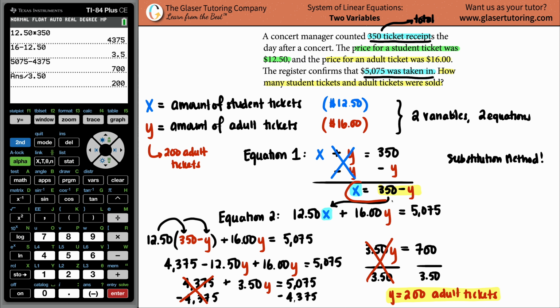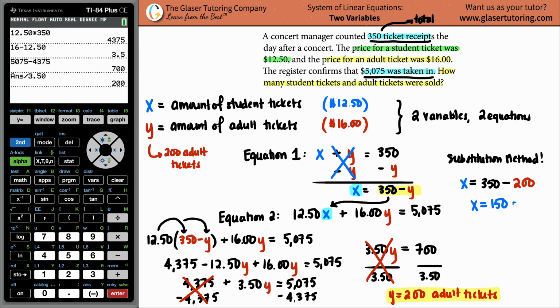Well, keep in mind that the x equaled 350 minus y. So if we say that x equals 350 minus, now we know that the adult tickets there was 200, right? 300 in total tickets. X is going to equal, what is this, 150?